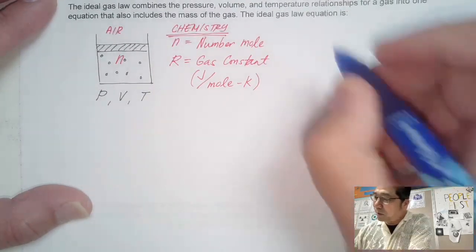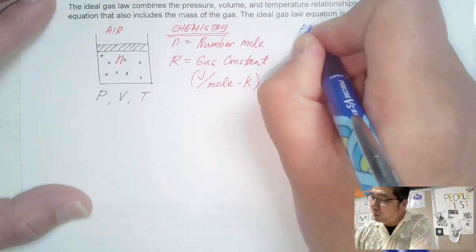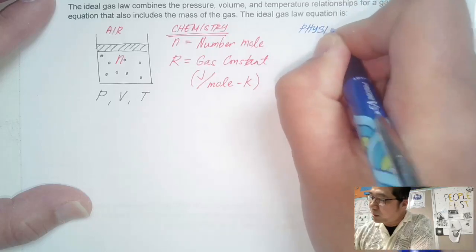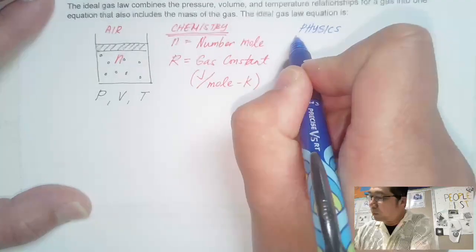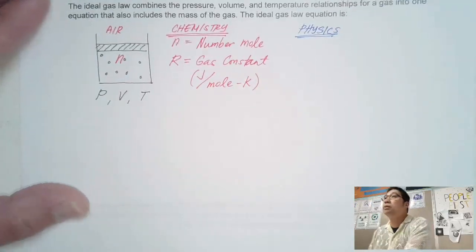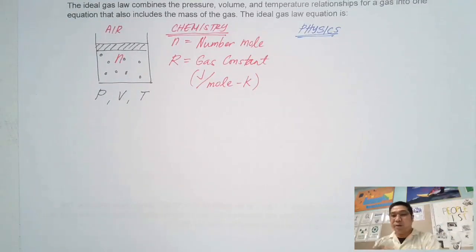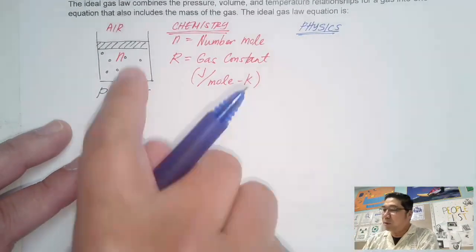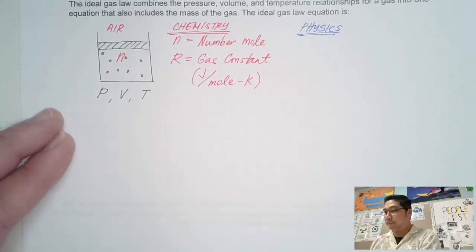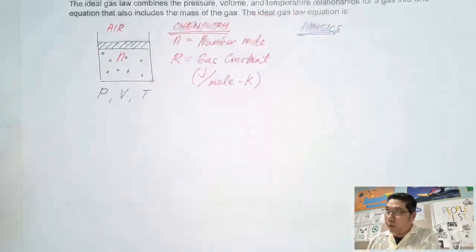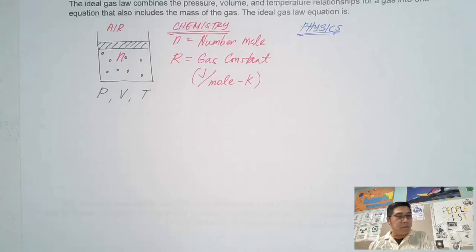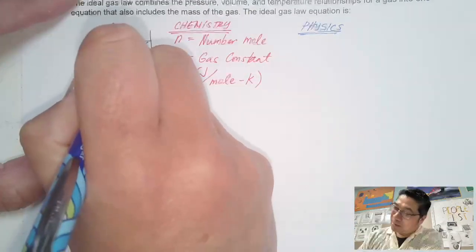For engineering classes or physics, we don't use number of moles because we won't be able to count the number of moles, but instead you can measure the amount of matter. When you measure the amount of matter, what do you change your N to? If you count the number of moles, you multiply it by the atomic mass number, what do you have? You have the mass.